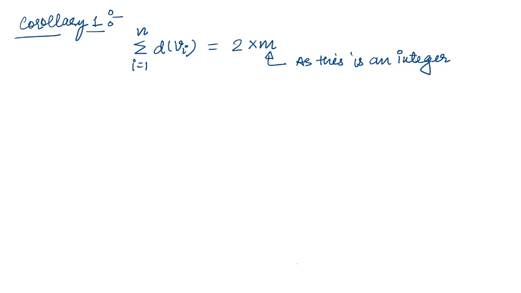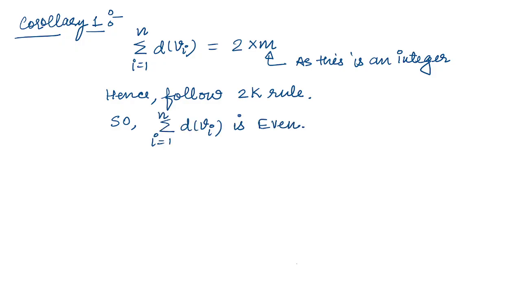And as m has to be an integer, this is nothing but a 2k rule, and any number which follows the 2k rule has to be even. So therefore, this sigma from 1 to n has to be even. Hence we prove that the sum of the degree of vertices in any graph will always come out to be even.